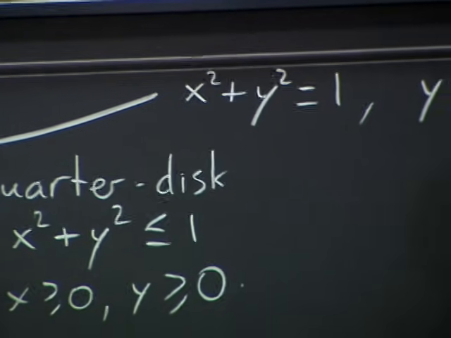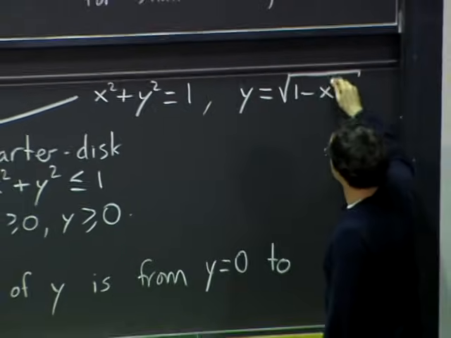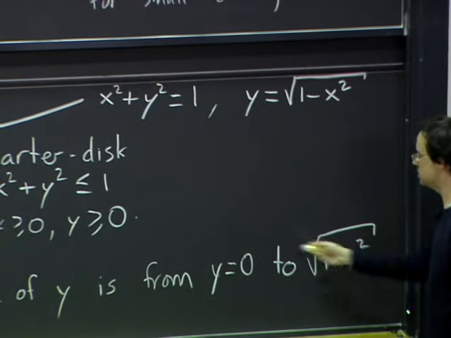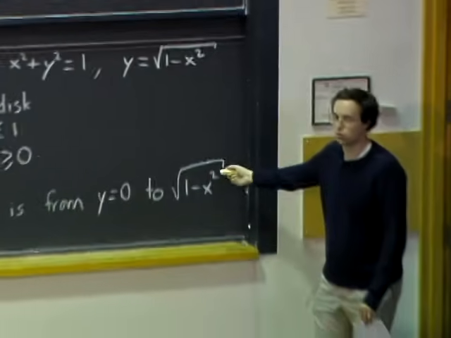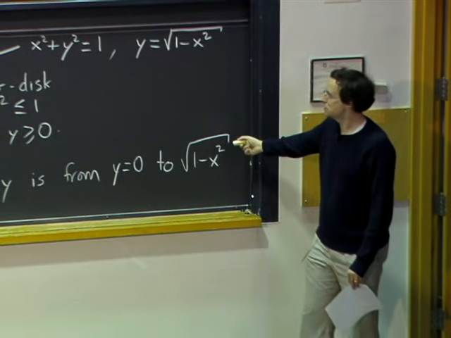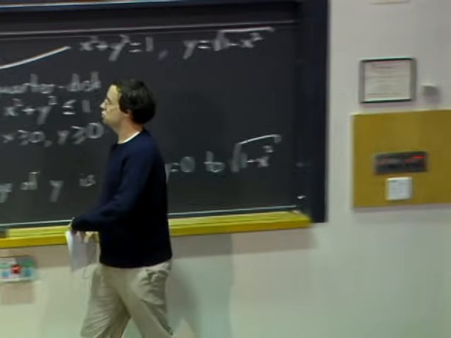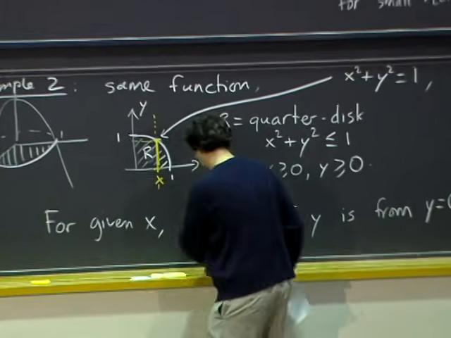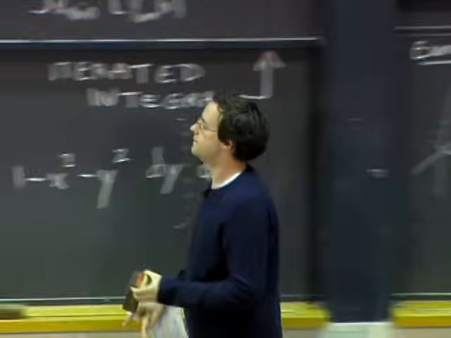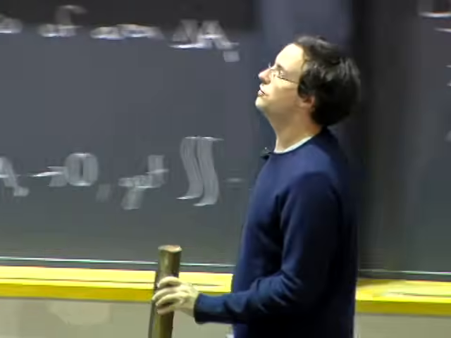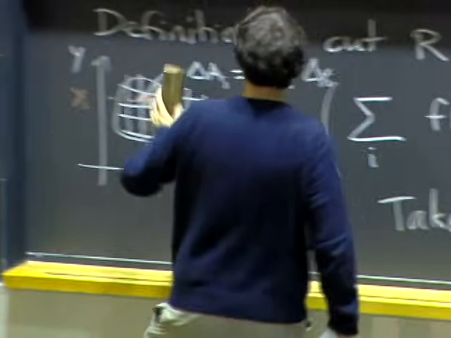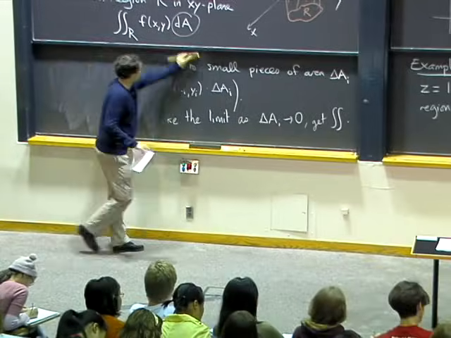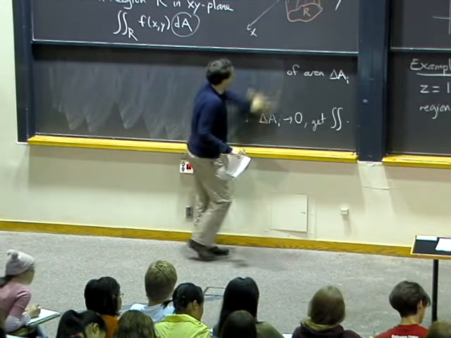That means y is square root of 1 minus x squared. So I will integrate from y equals 0 to y equals square root of 1 minus x squared. And now you see how the bound for y will depend on the value of x. So while I erase, I will let you think about what is the bound for x now. It's a trick question.